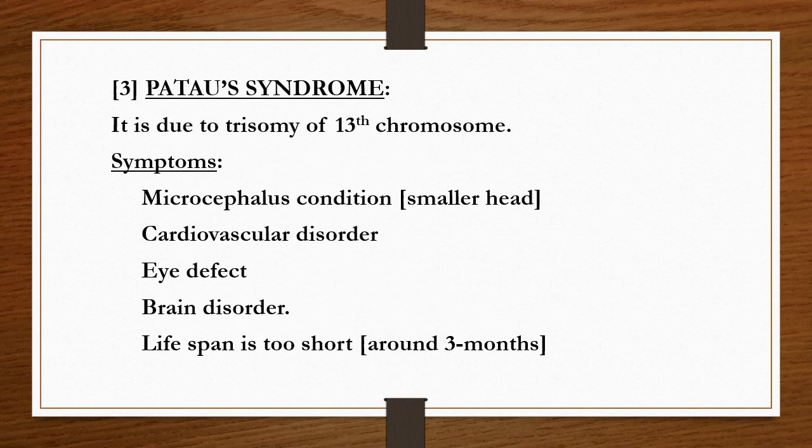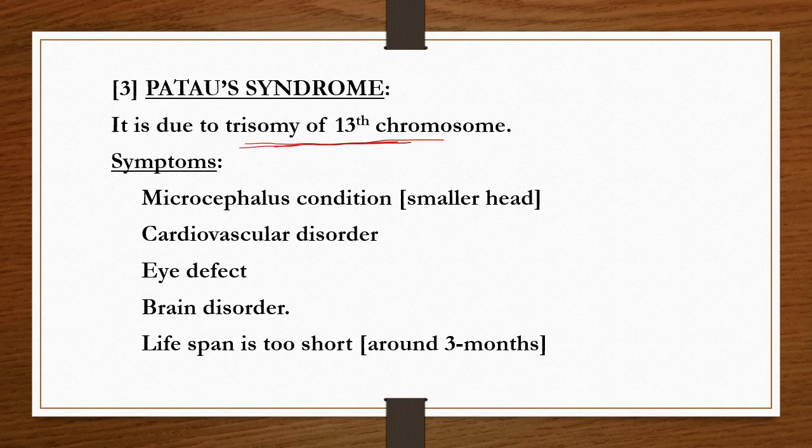Another aneuploidy of autosomal disorder is Patau's syndrome. It is trisomy of the 13th chromosome.